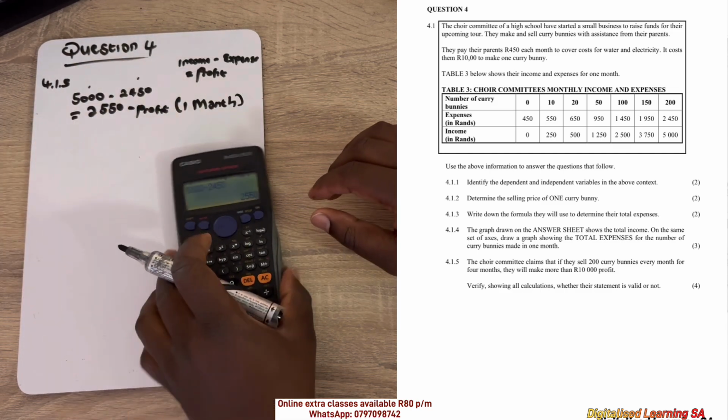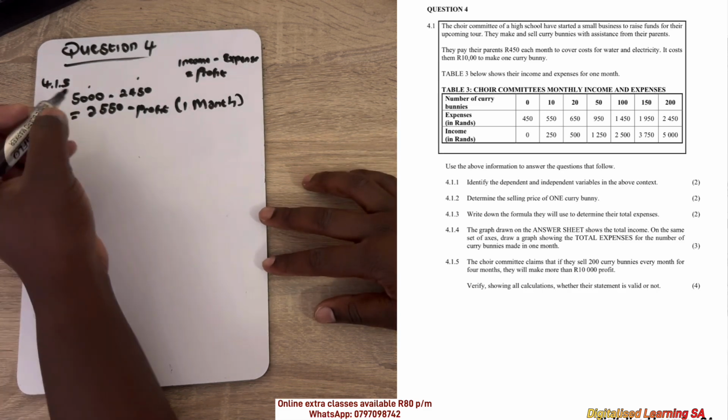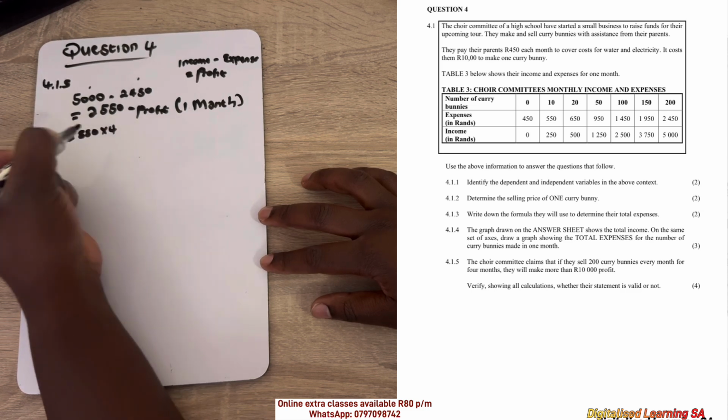The question says that the choir committee claims that if they sell 200 carry bunnies every month for 4 months, they will make more than 10,000 profit. To get the profit for 4 months, we just say 2,550 multiplied by 4.